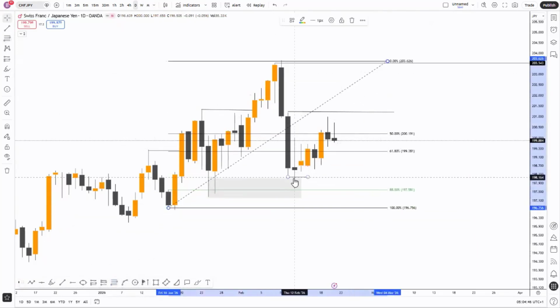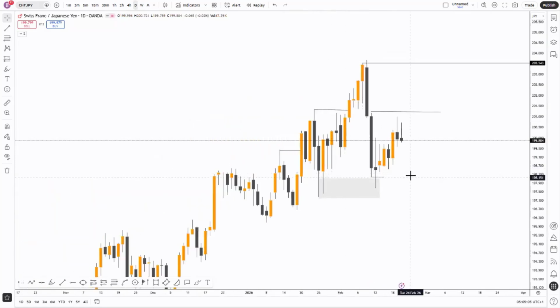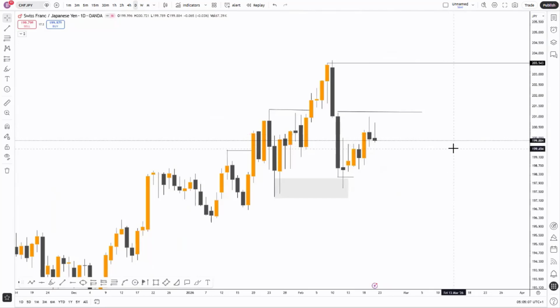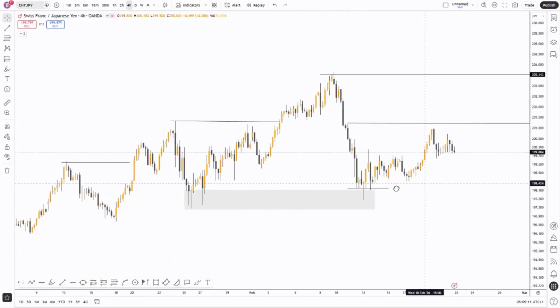You can see our price is currently below your 50% FIB level, and we are in a discount zone. Now price has swept liquidity of this low and closed above it. This just shows you that we are no longer in a downtrend. So what you have to do is go down to the lower time frame of 4 hours to see what price has for us.